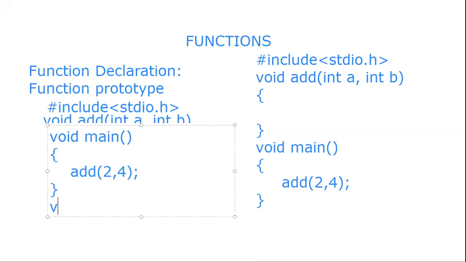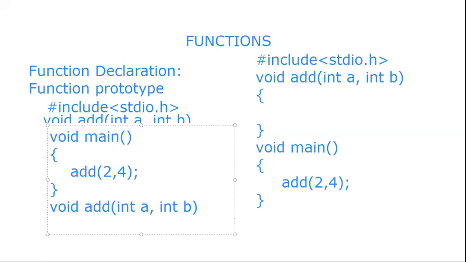Note that the first line will still be the same. There are different ways of writing this. The first one we just saw, and this is the second type. Please pay attention. Here we have int a, int b, and then we define the function. Whatever statements we want to give, we can write here. In this case, we have to give a semicolon.